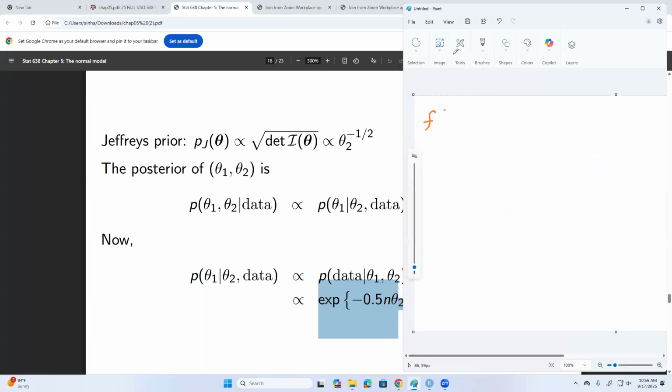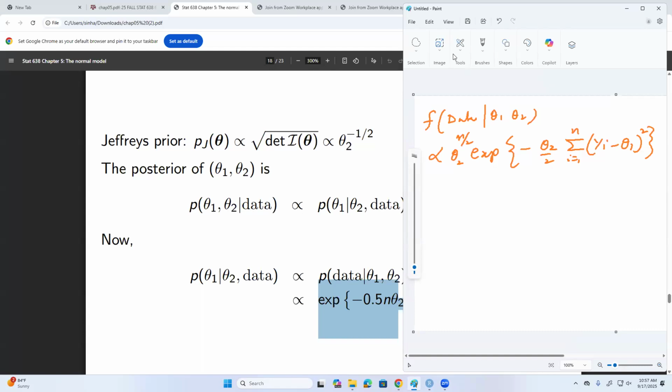Our likelihood of data given theta 1 and theta 2 was e to the power minus theta 2 over 2 sum of (yi minus theta 1) square, and theta 2 to the power n over 2.